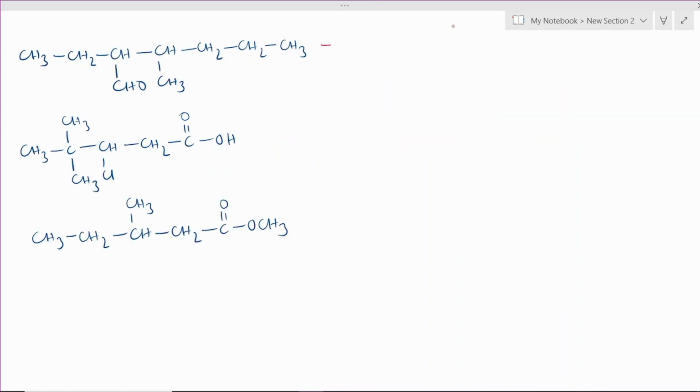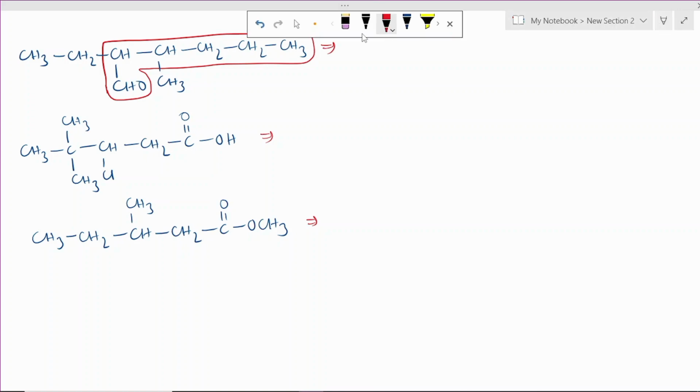So we have taken these 3 examples, and we have to assign the IUPAC nomenclature of these 3 compounds. First we have to do numbering. Numbering is done along the parent chain: this is 1, this is 2, this is 3, this is 4, this is 5, this is 6.